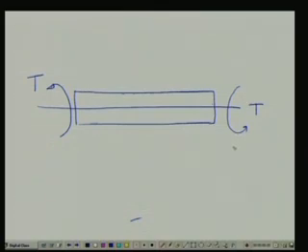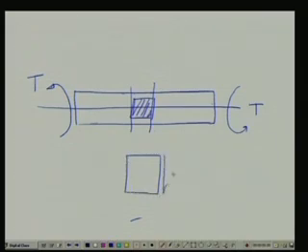So, if we apply a torsion in this manner, then if we consider a small elemental section from this material, we know that this particular material is acted upon by a shear stress tau.